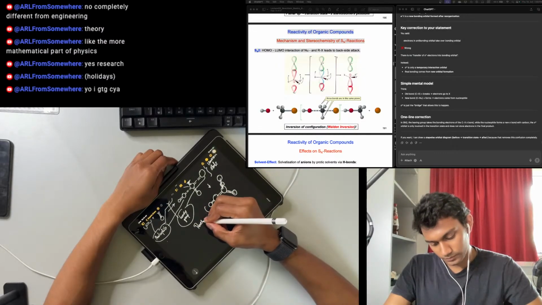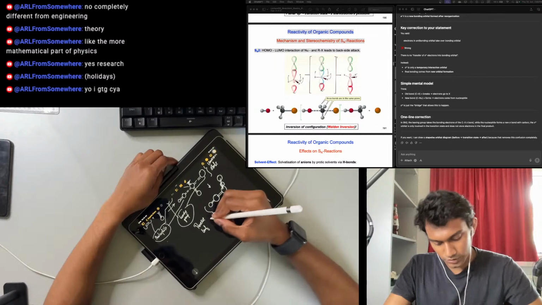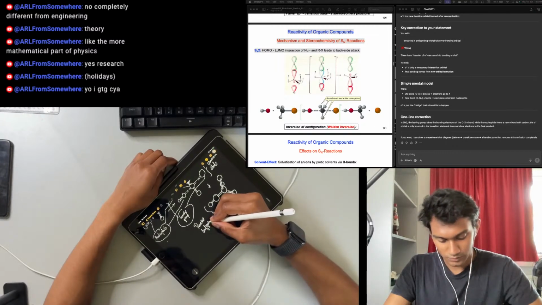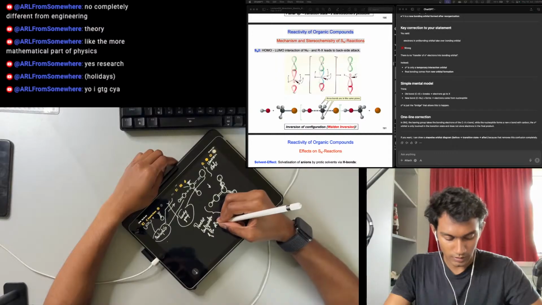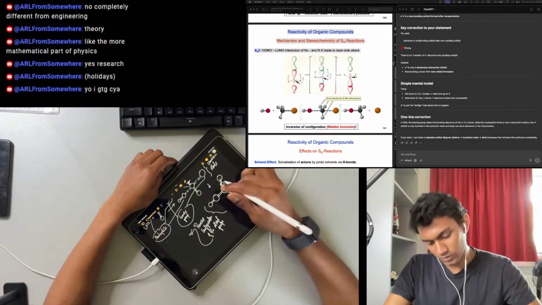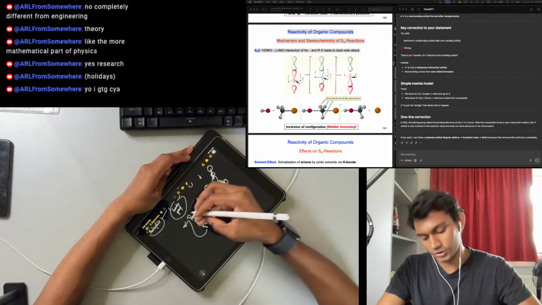Reverse configuration of the alkyl groups. It's called Walden's inversion.